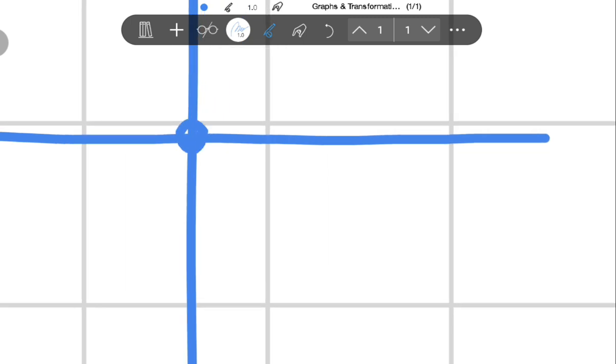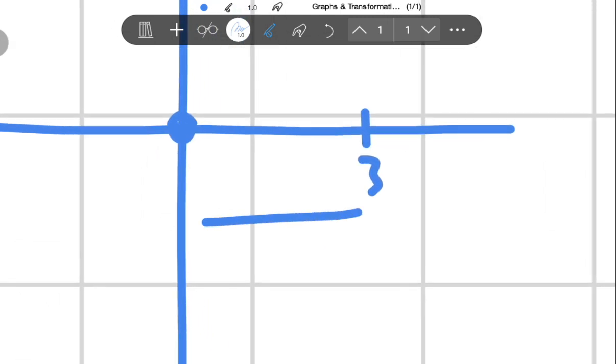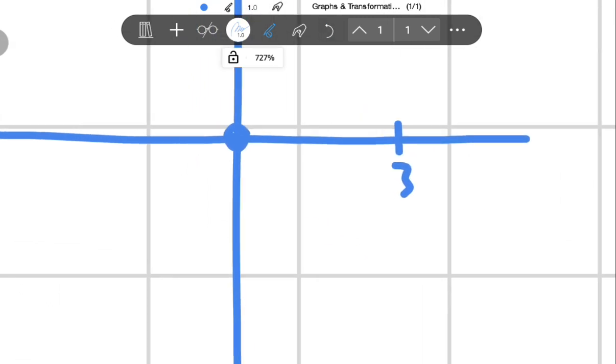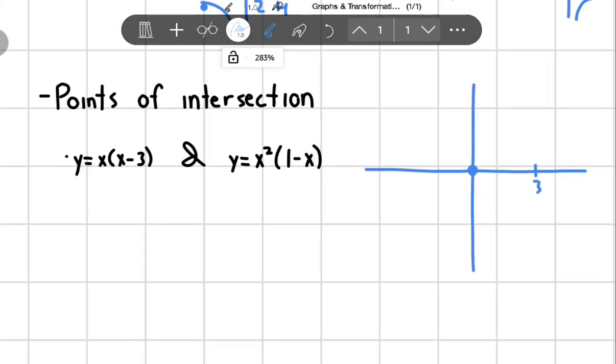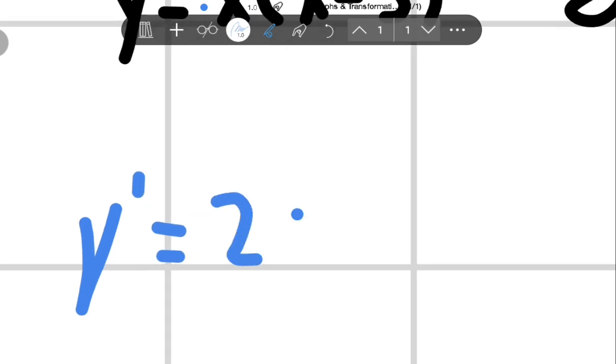So let's see, here is 0. We have 3 here. And we know that somewhere along this region will be the turning point. But let's actually solve for the turning point just for the sake of accuracy. So we have x squared minus 3x. So y dash is basically 2x minus 3.